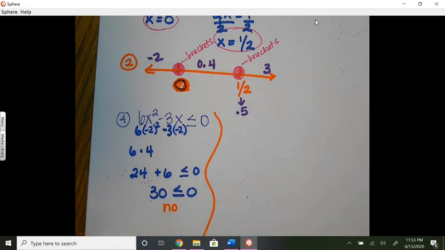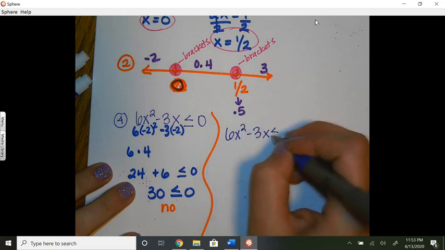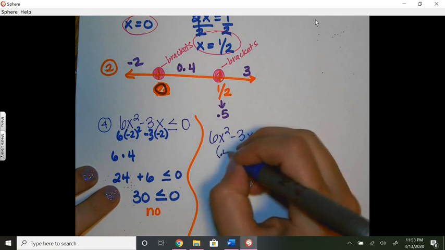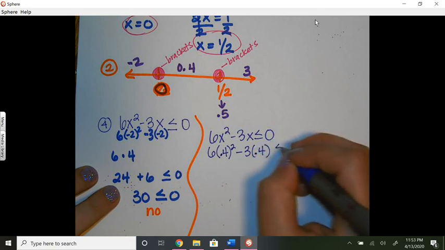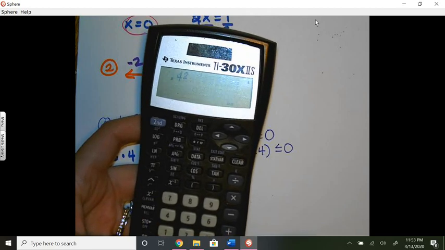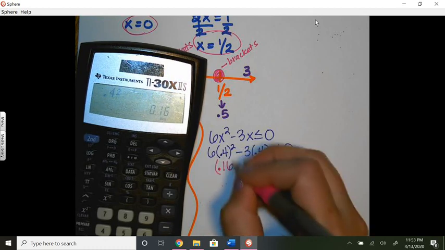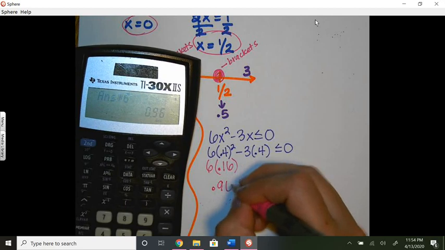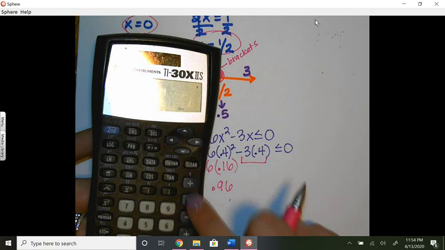Okay, so now we're going to do this again. And this time I'm going to use 0.4. So I'm going to put 0.4 in for x. So 0.4 squared, that's 0.16. And then we multiply, so times 6. Then we're going to multiply right here, so negative 3 times 0.4.